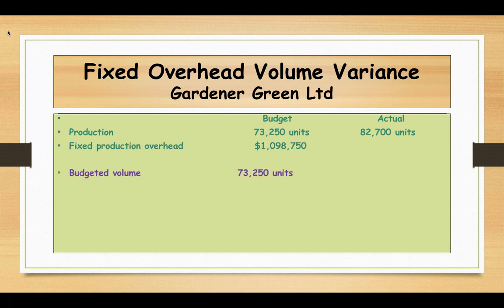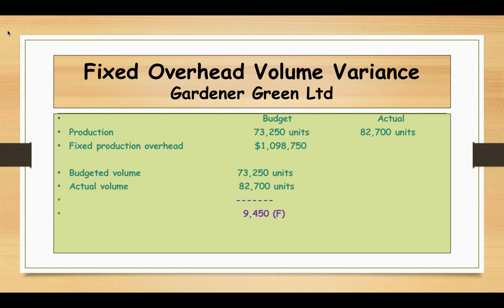So we'll start calculating the fixed overhead volume variance. Budgeted volume is 73,250. Actual volume is 82,700. So we have produced more units. So it's a favorable 9,450 units.